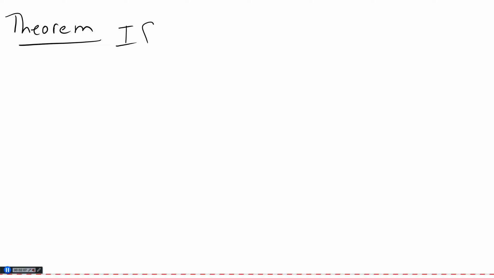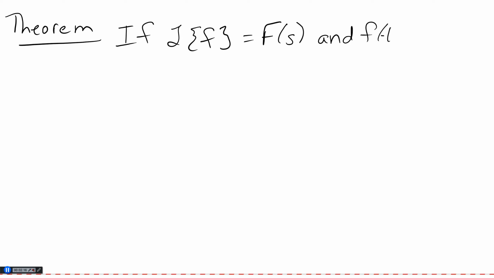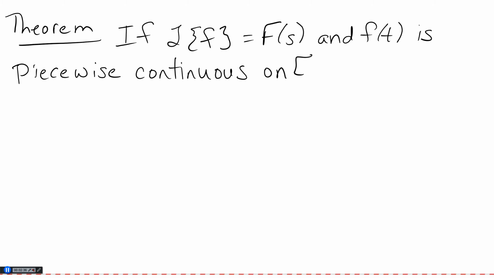So if the Laplace of f equals F of s, and little f of t is piecewise continuous on our interval 0 to infinity, which is where our Laplace transform is defined, then what about the Laplace transform of t to a power times f?